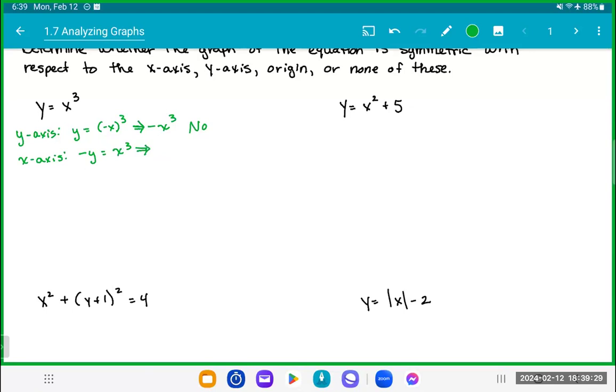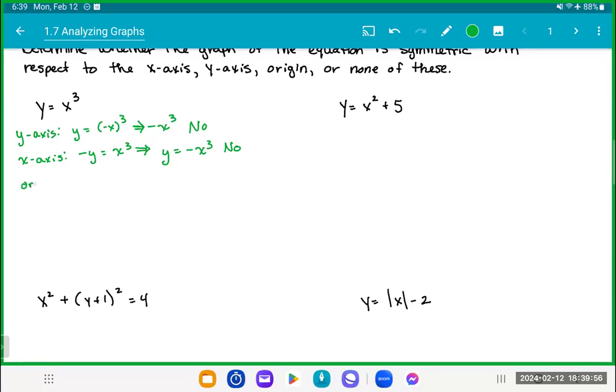I multiply both sides by negative 1, so I get y equals negative x cubed. That is not the same equation as my original equation. So no, I do not have symmetry with respect to the x-axis.